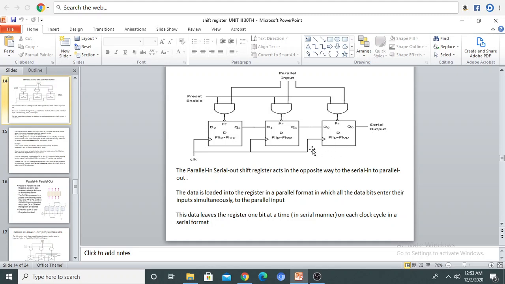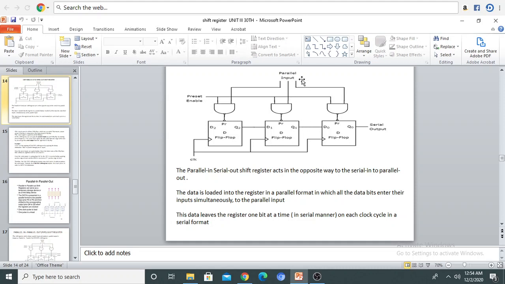So now I am loading the data 0, 1, 0. When you apply 0, Q2 will be 0. When you apply 1 to this input, we will get the output Q1 equal to 1.